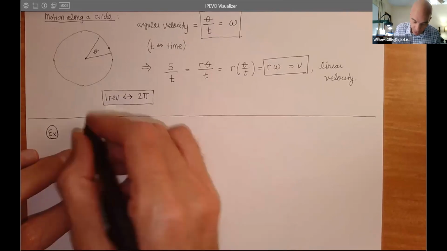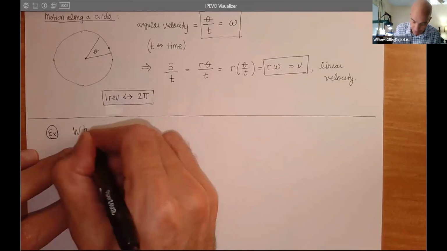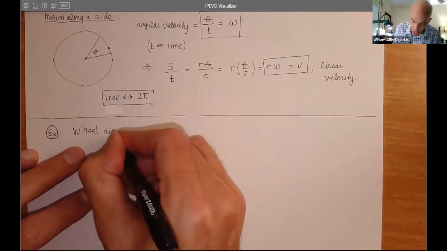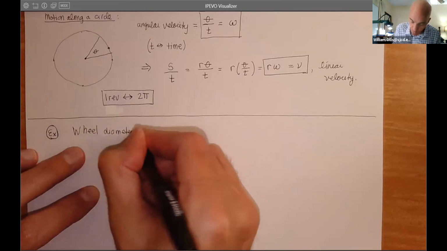So we have a wheel diameter. Wheel diameter is 20 inches.